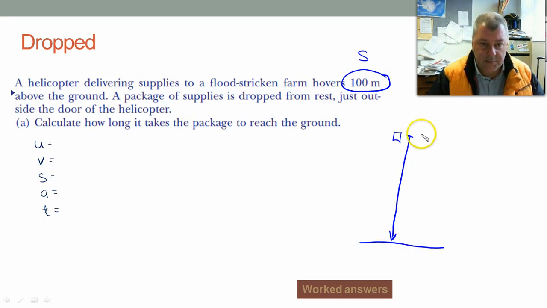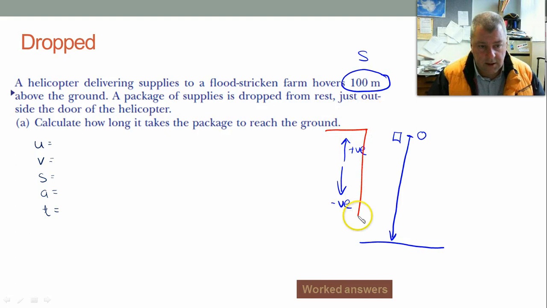If that's our start position, now usually we would say in a physics question that down is negative and up is positive. And that's a very important thing, because that's defining what will be positive and what will be negative in our equations.